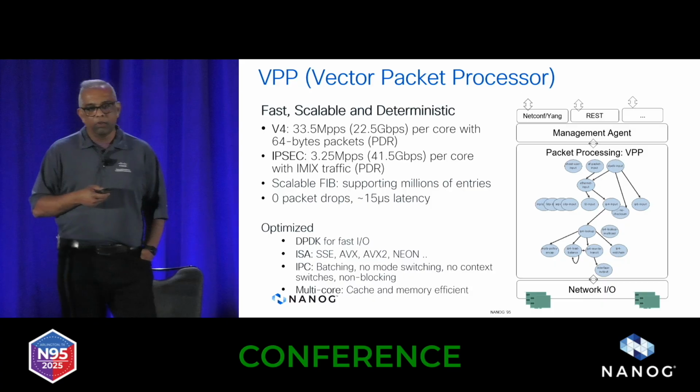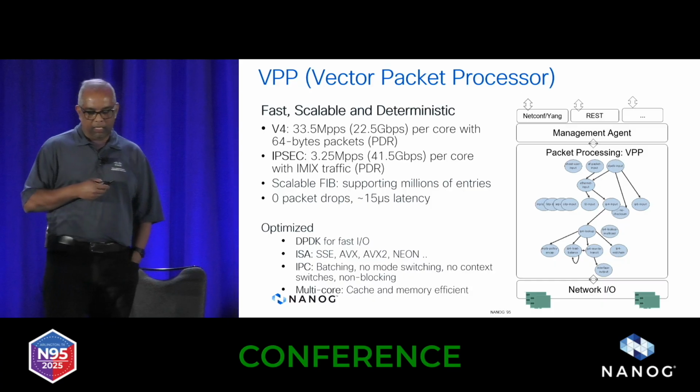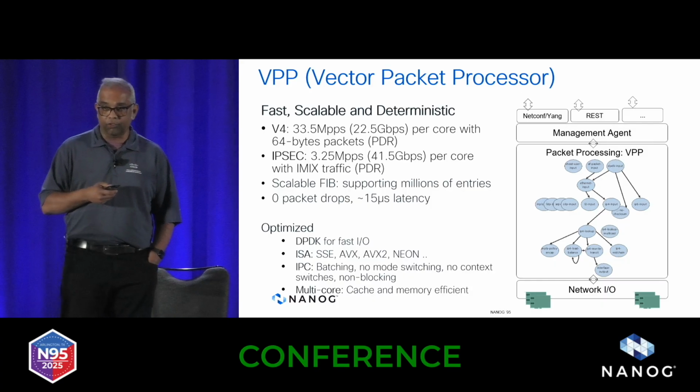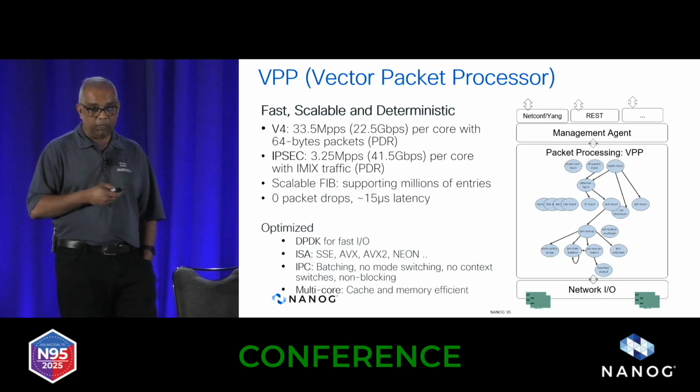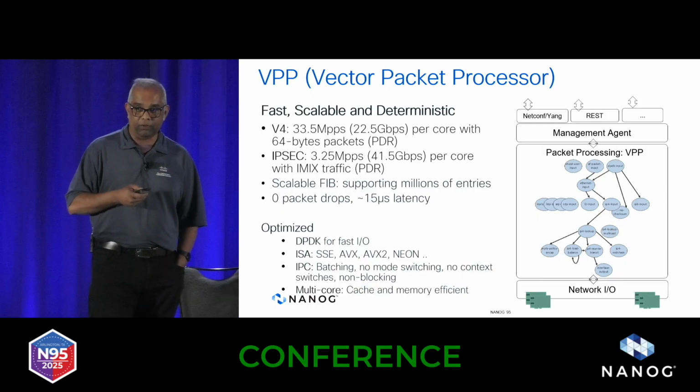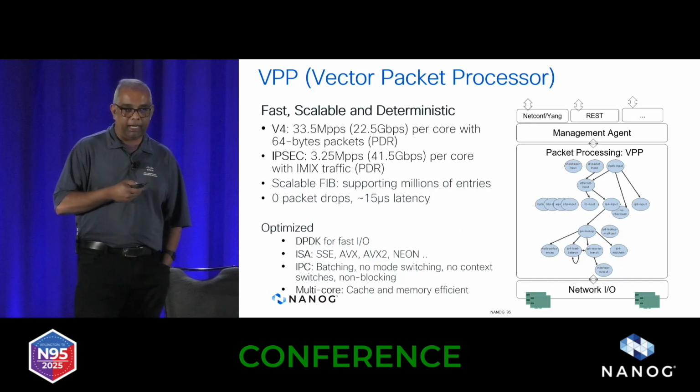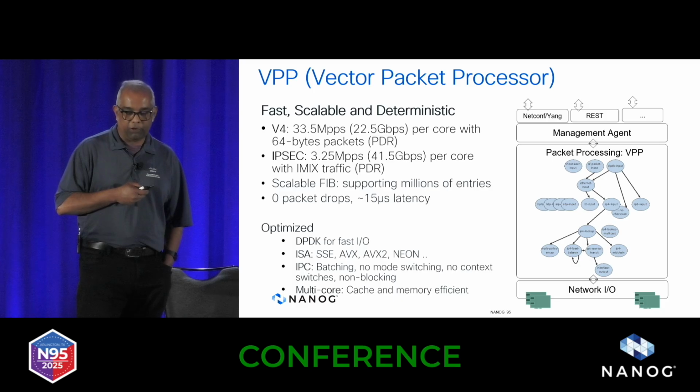Why is it so good? It's so good because it can really pump 20 gigs of bandwidth on a single core of x86 today. If you're doing a 64-byte partial drop rate test with, say, 0.005% of drop, you can get up to 20 gigs or more just for V4 processing. And if you're doing IPsec, you can get up to 40 gigs with an IMIX traffic flow. And it's really scalable.